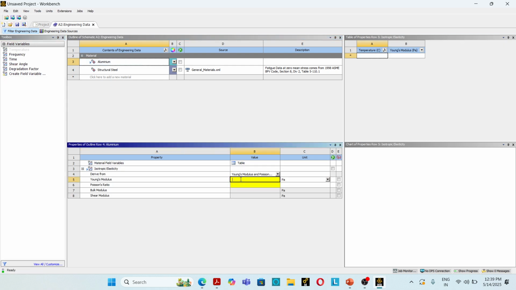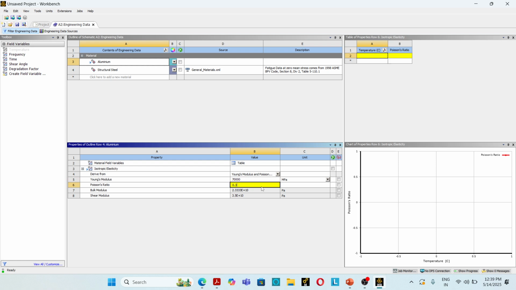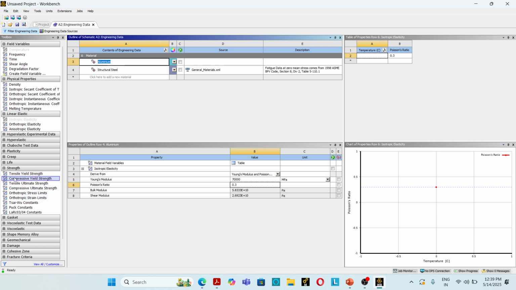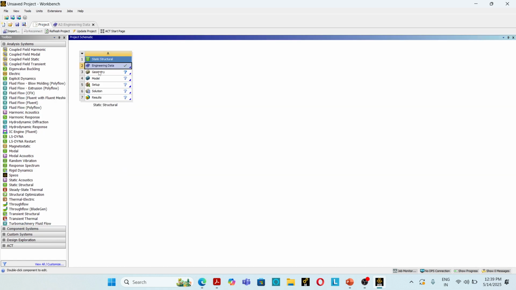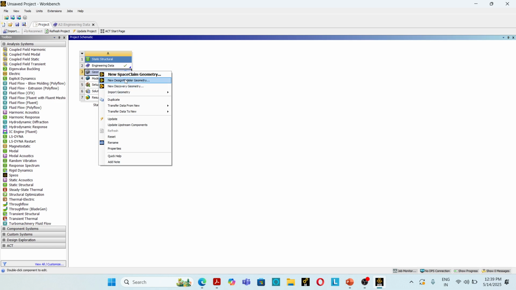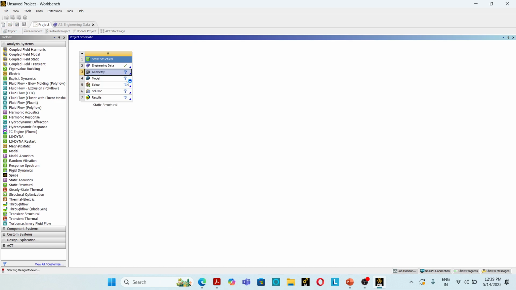Change Young's modulus to MPa, 70000. Poisson's ratio 0.3. Then the compressive strength, also in MPa, is 240 MPa. Then go to geometry, right click, and select design modeler to create the geometry.